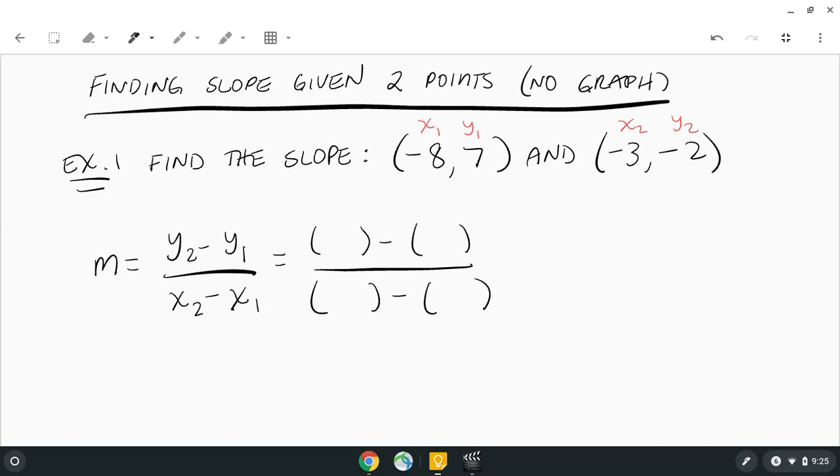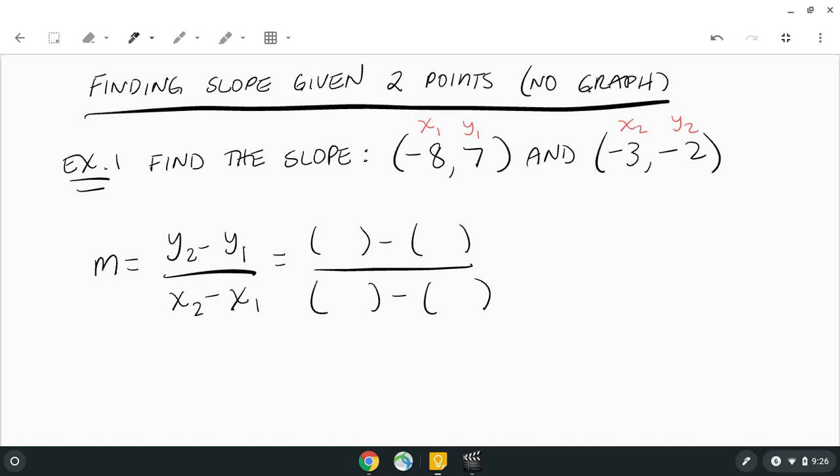A lot of times the students that make mistakes are the ones who don't use the parentheses. You don't have to use the parentheses, but like I said, I highly recommend you do, especially if you're a little weak with your negative and positive numbers. Okay, so let's go ahead and get started.